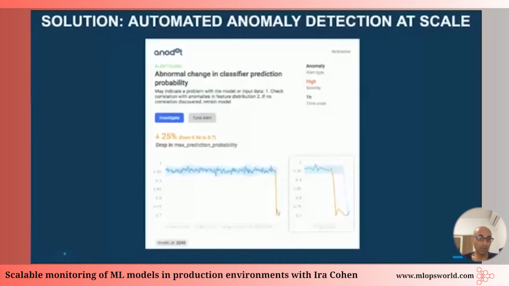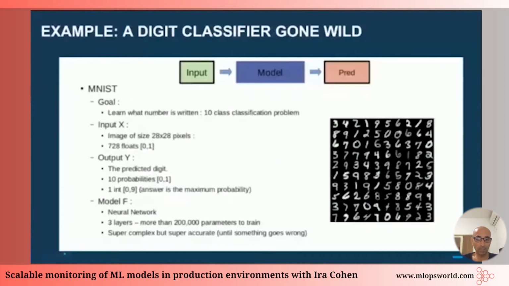So let me give you an example of how this works, or the kind of things that go wrong, and how this looks, on a made-up example based on the digit recognition sample. I'll later show a real-life example from our production environment that happened just a few days ago.